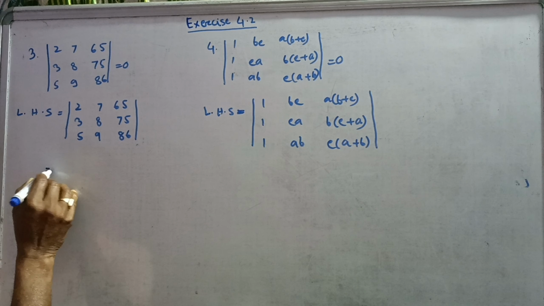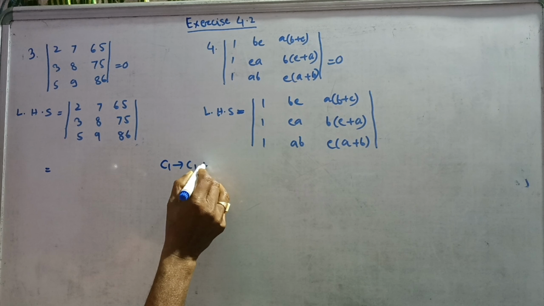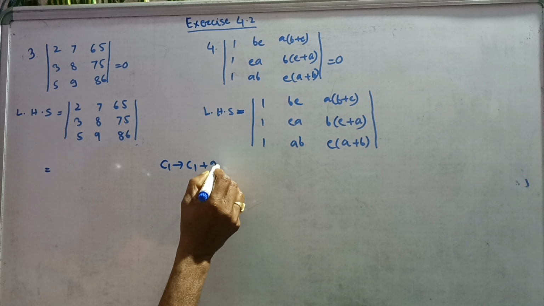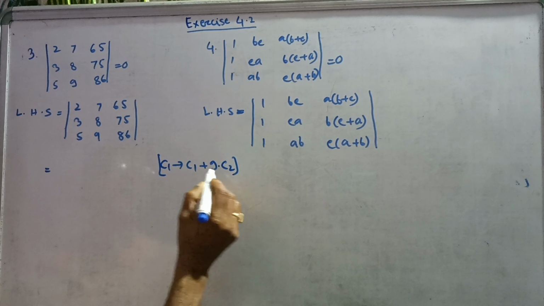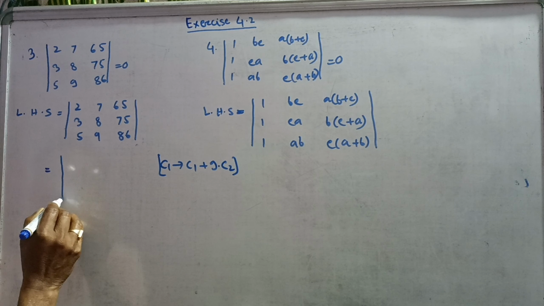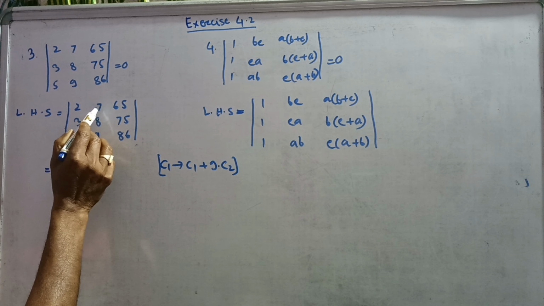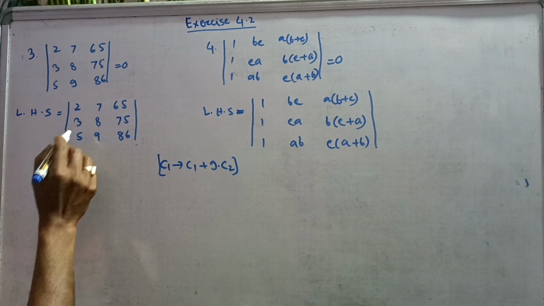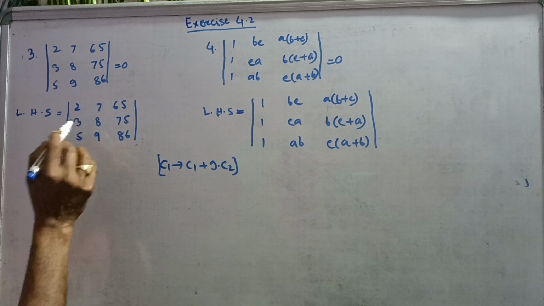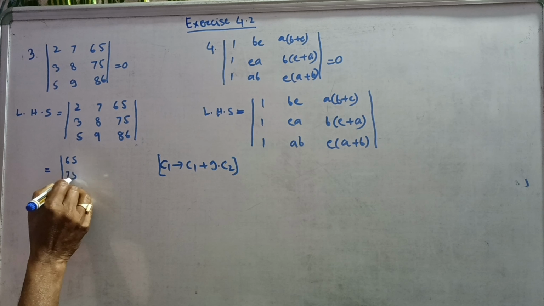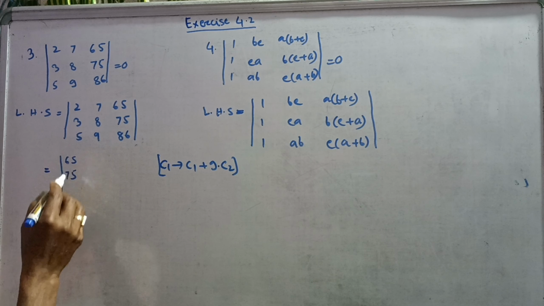Okay. Number 3, left hand side. Here we apply C1 changes to C1 plus 9 times C2. Then we get C1 as 2 plus 9 into 7, 9 into 7 is 63, plus 2, 65. Here 3 plus 9 into 8, 75. Here 5 plus 9 into 9, 81 plus 5, 86.